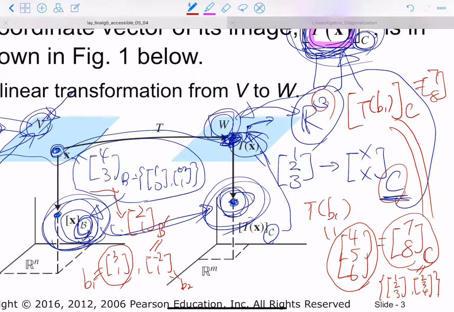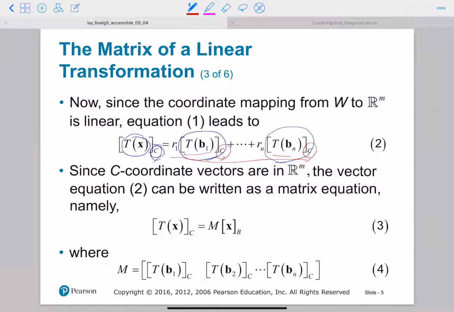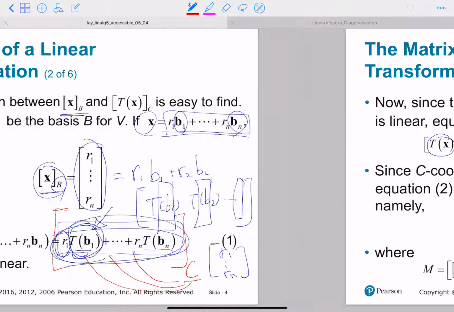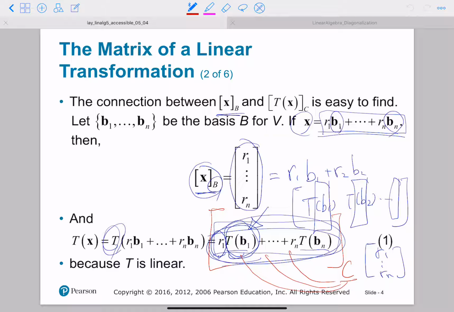So that is this part. And R1 through Rn is the original linear combination coefficient to represent the input vector x in terms of the basis vectors b1 through bn.